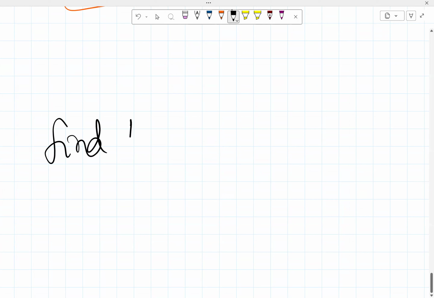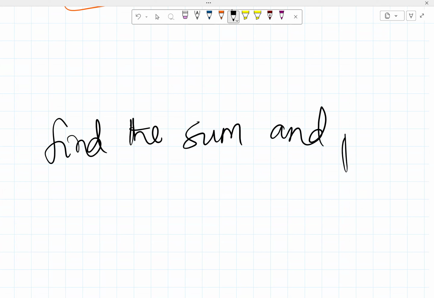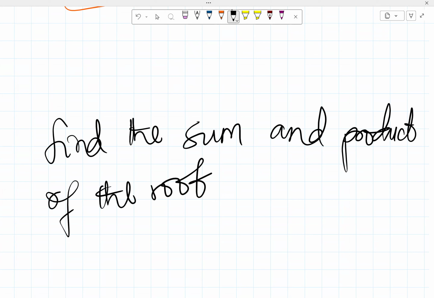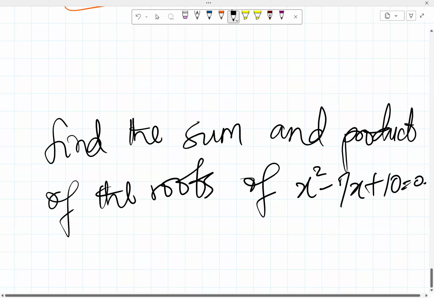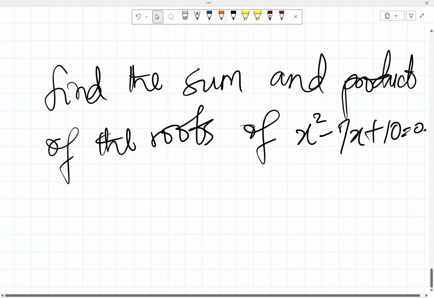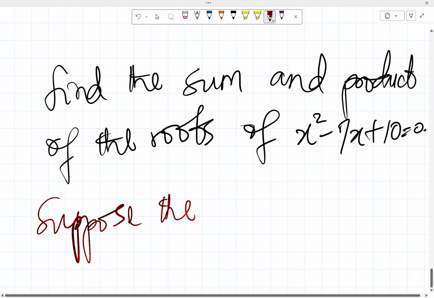Find the sum and products of the roots of x squared minus 7x plus 10 equals 0. Simply. So what I'll just go ahead and say, suppose the roots, it doesn't have to be R1 and R2, suppose the roots are alpha and beta.